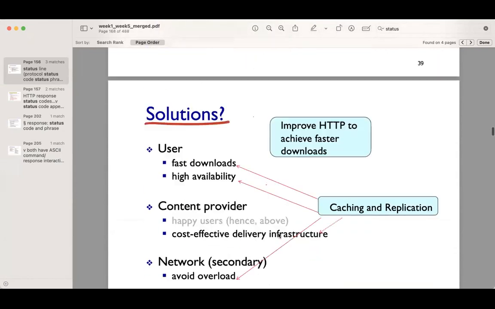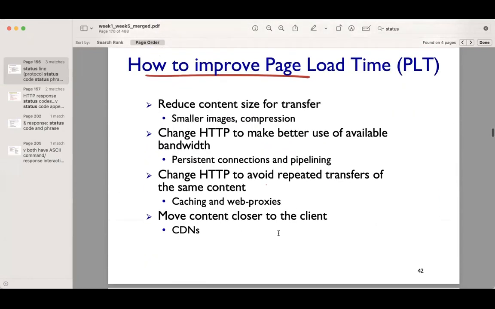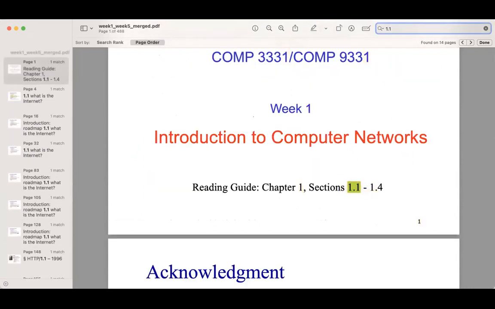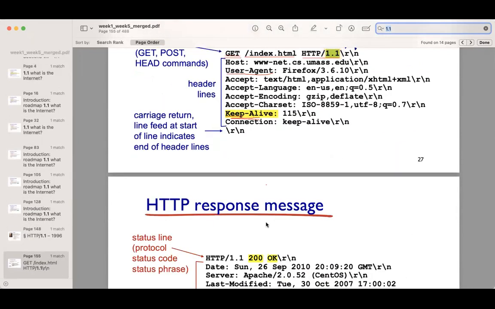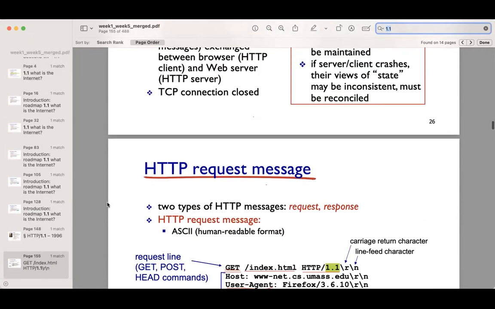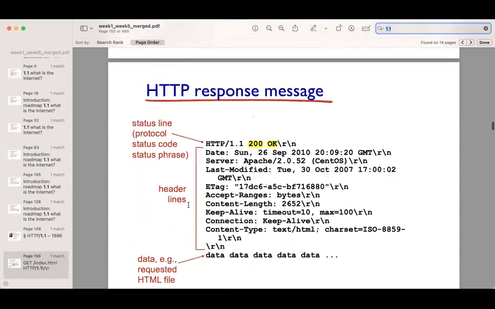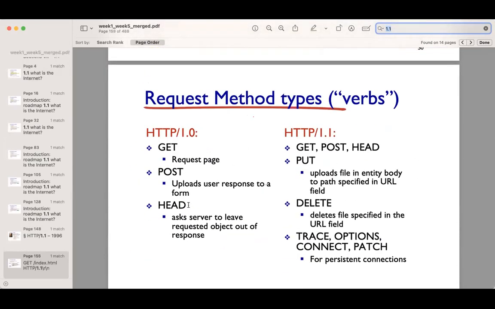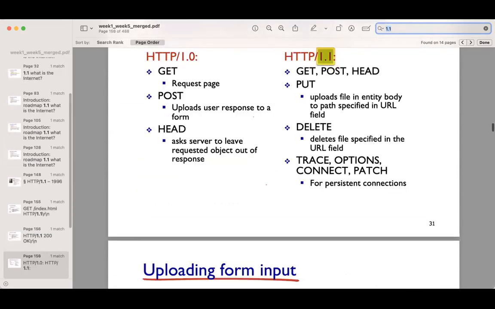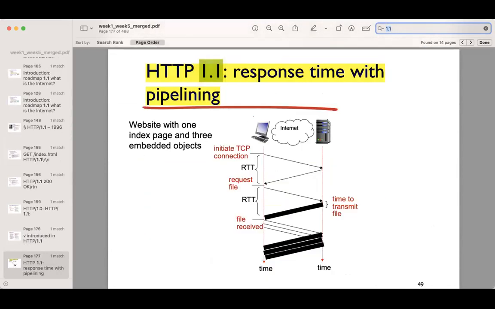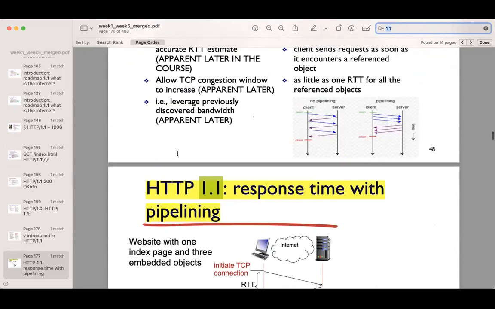That's the main stuff. We need to find 1.1. Yeah, so it's in here.